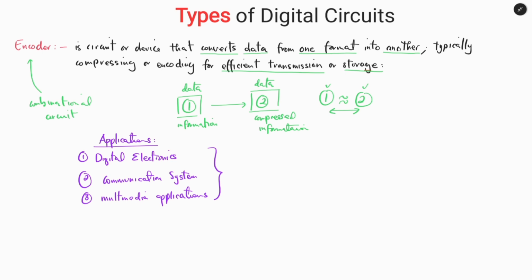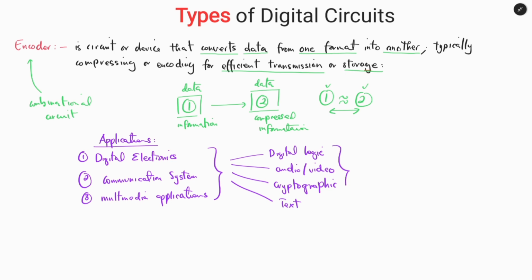All of them, to be specific, we have a digital logic circuit, and we have the audio and video, which come under multimedia application, and we can have the cryptographic encoder, and we can have the text encoder.